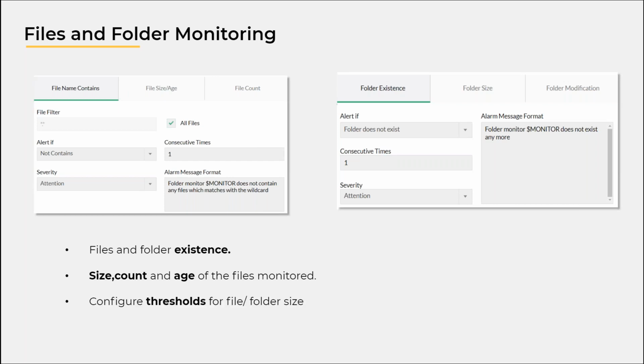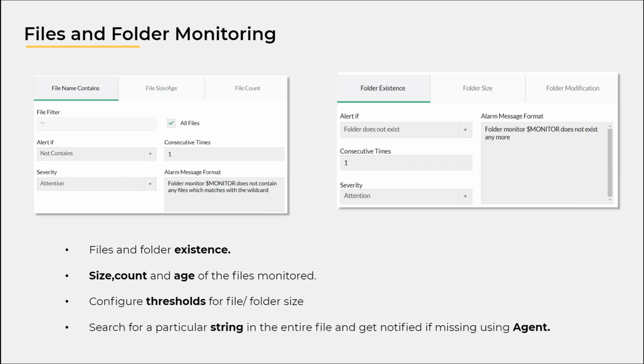You can also configure a threshold for file or folder size. If you suspect that the size of a particular file has grown too large, you can configure a threshold and set up an alert, and OpManager will alert you when the size has grown.